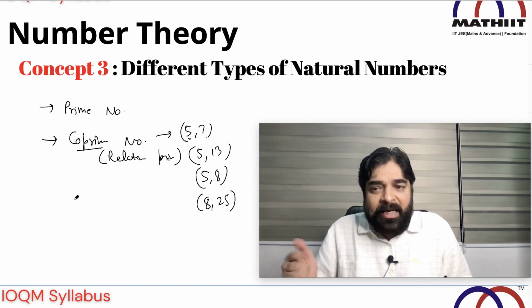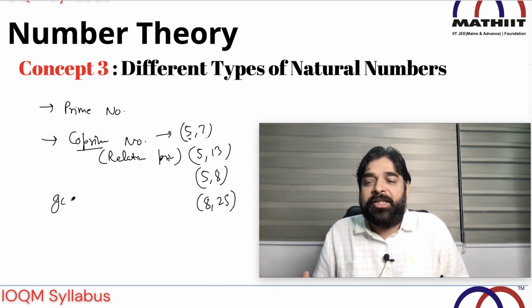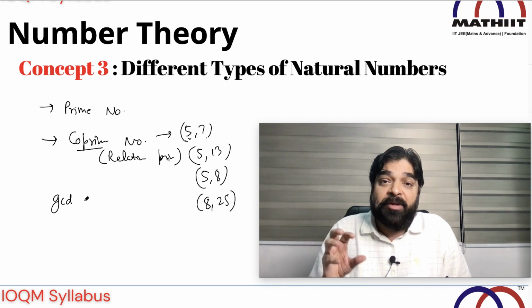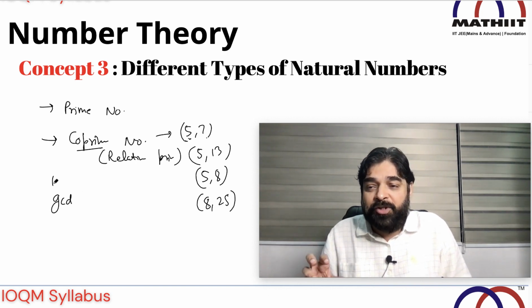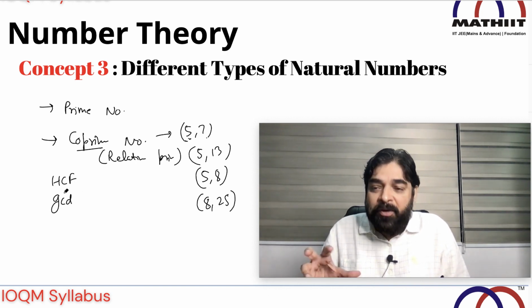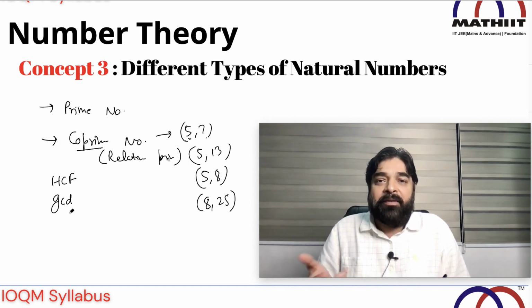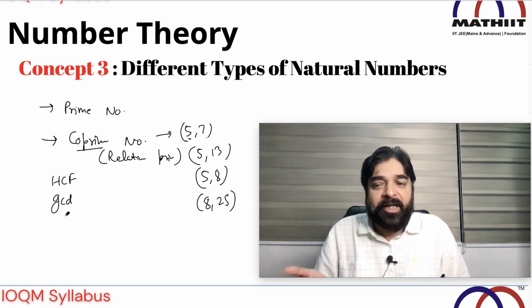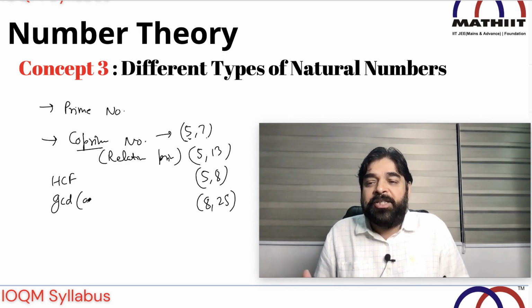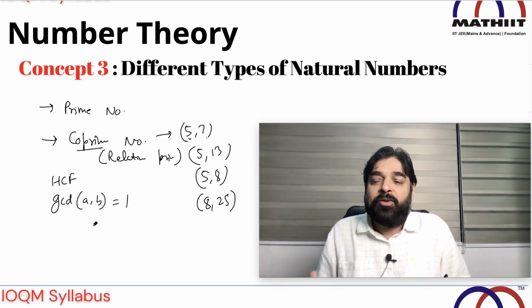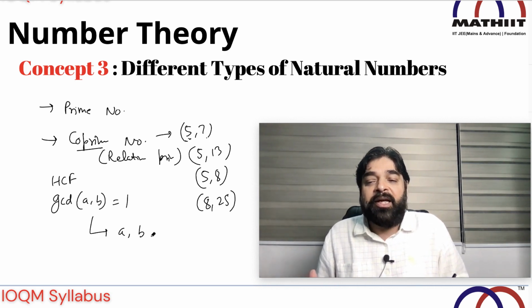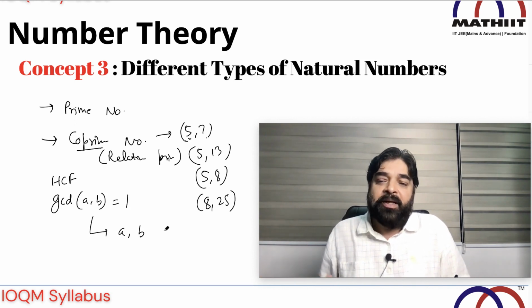In mathematics language, we write it this way. If GCD, where GCD means highest common factor, which you study in school as HCF, but in Olympiad books we use GCD, greatest common divisor. If GCD of A and B is 1, then A and B are called relative prime or co-prime.